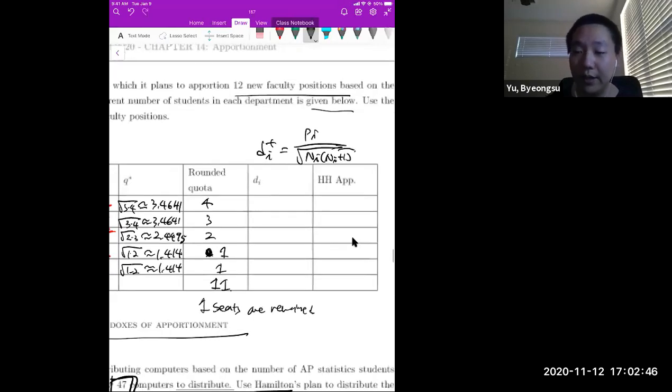So here, di plus for the first one is 174 over the square root of 4 times 5, which is almost 38.9076. And 166 divided by the square root of 3 times 4, which is the same as 47.9201.